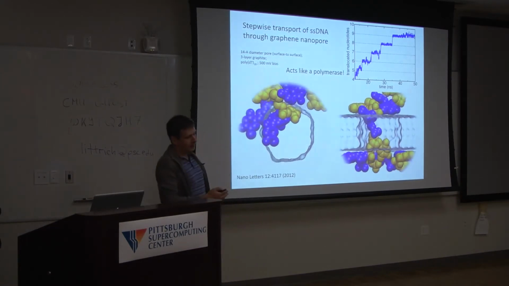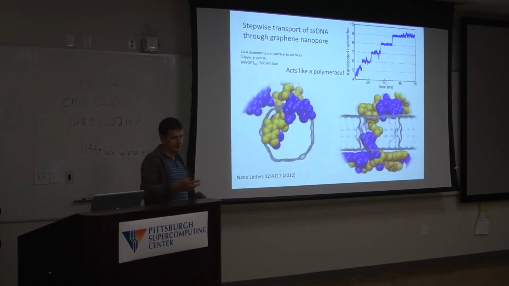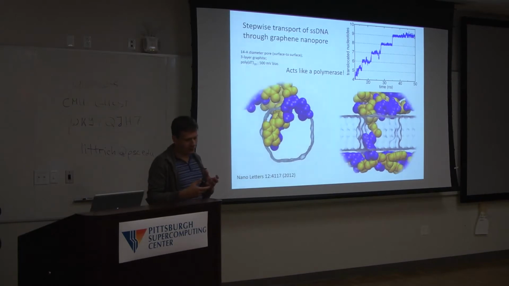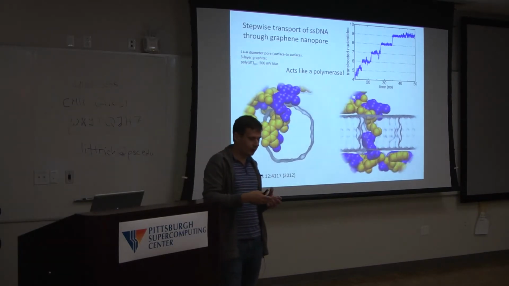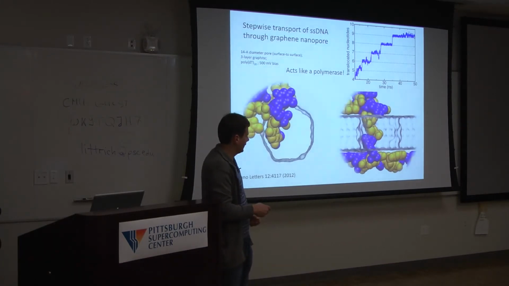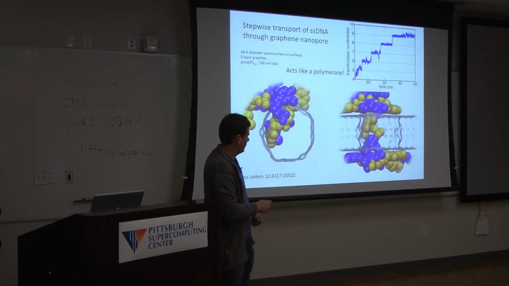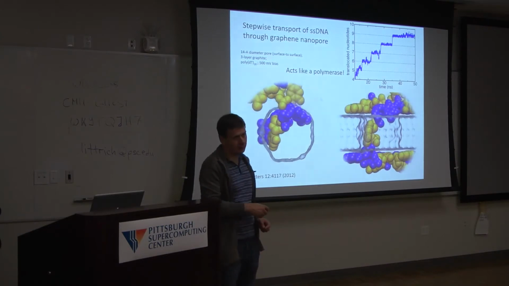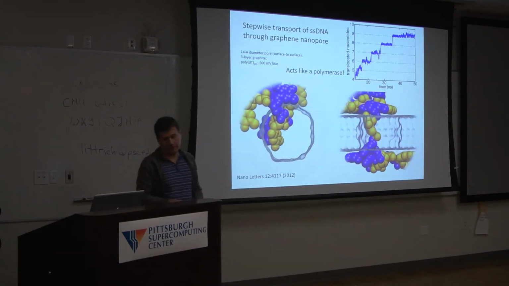So basically the graphene itself acts as the polymerase enzyme that was used with the biological pore to control DNA transport. But here we can just let the system do its physics and see how the process of unbinding on one side and rebinding on the other side produces stepwise motion.